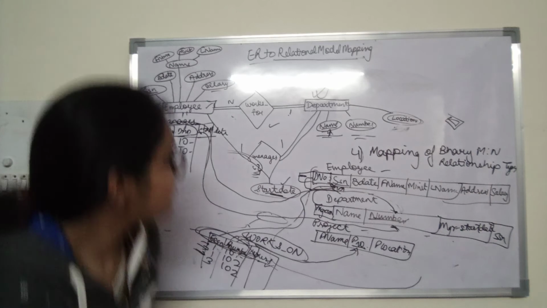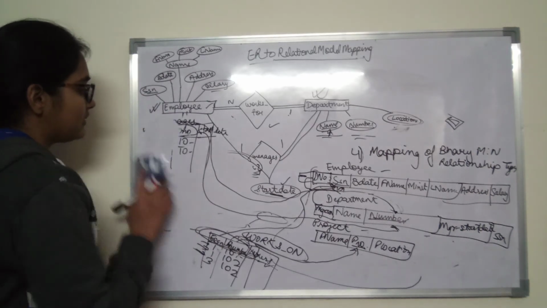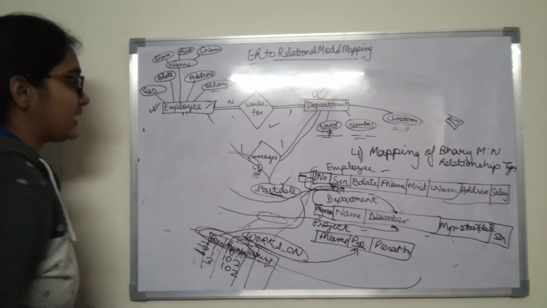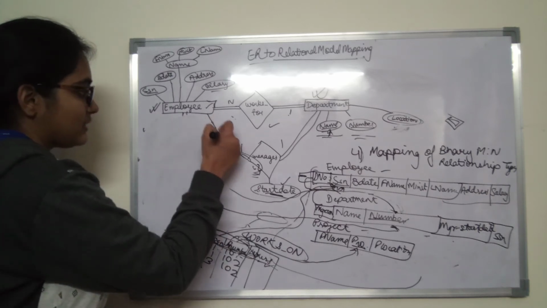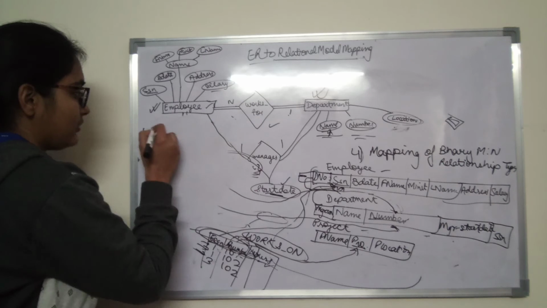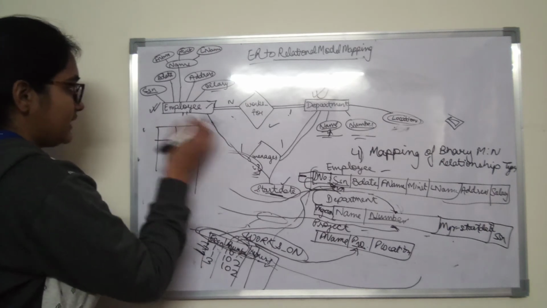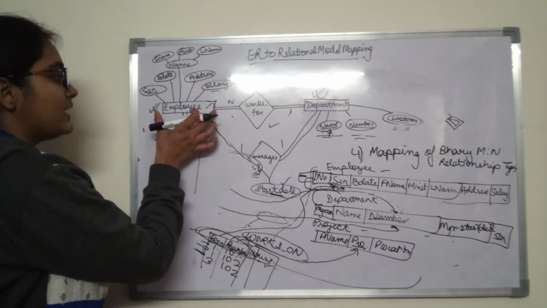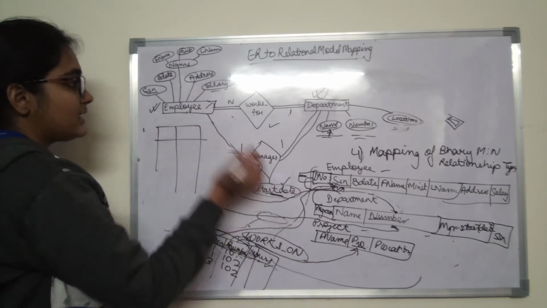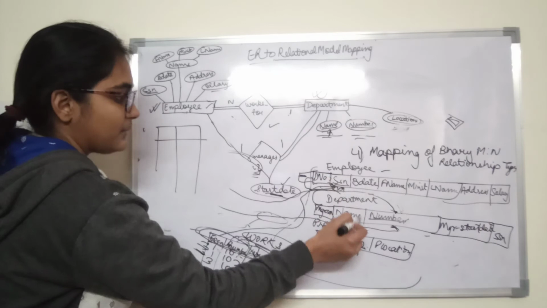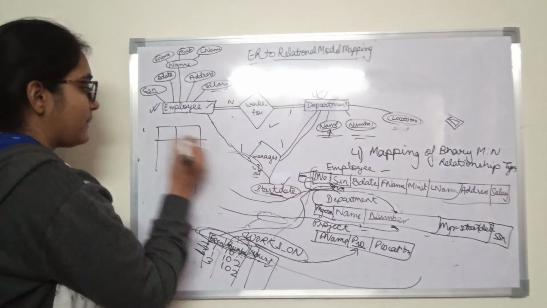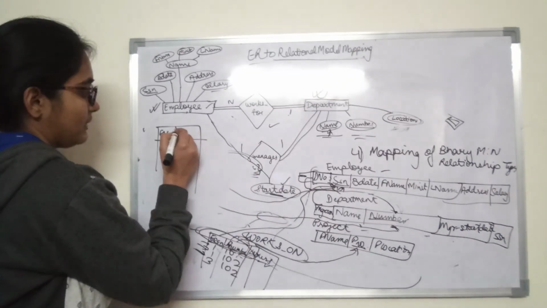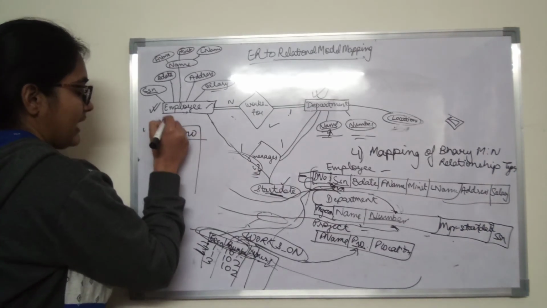Now let us talk about mapping of a binary N:1 relationship type. In case of binary mapping of this relationship type, we will include the primary keys of the relations corresponding to the participating entity types. Which are the relations participating in this? Employee and department. So let us say ESSN and D number, department number, in works for.